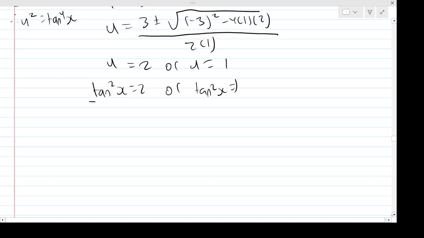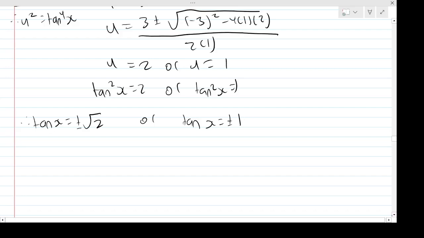This is an equation in itself. So I'm going to need to do square root of this side. So if tan squared is 2, then tan x would be equal to plus or minus root 2. Or if tan squared is 1, then tan x will be plus or minus root 1. Well, root 1 is just 1, so it's plus or minus 1.